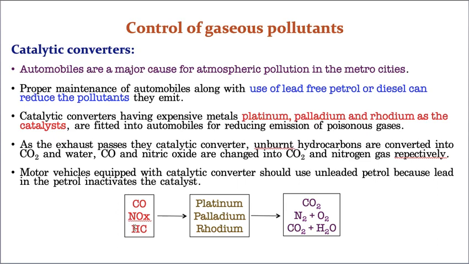And the hydrocarbons are broken, they dissociate to form carbon dioxide and also water. See, water is no harm, and carbon dioxide is also, up to some limit, no harm. So this is how converting toxic air pollutants to useful gases, by utilizing expensive metals such as platinum, palladium and rhodium, is called a catalytic converter.